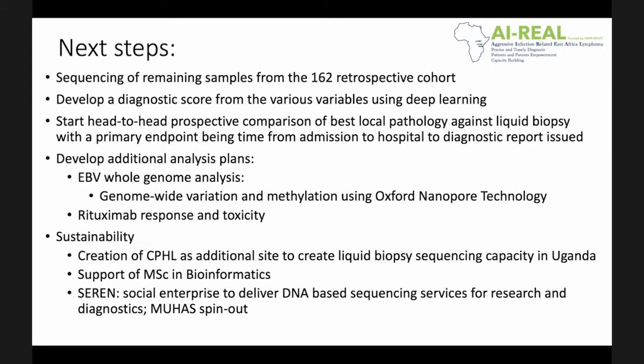Finally, with respect to sustainability, we are not just doing this for Burkitt's lymphoma, but the plan is really to spin out a social enterprise that would deliver DNA-based sequencing services for research and diagnostics, but with a primary focus on early cancer detection.